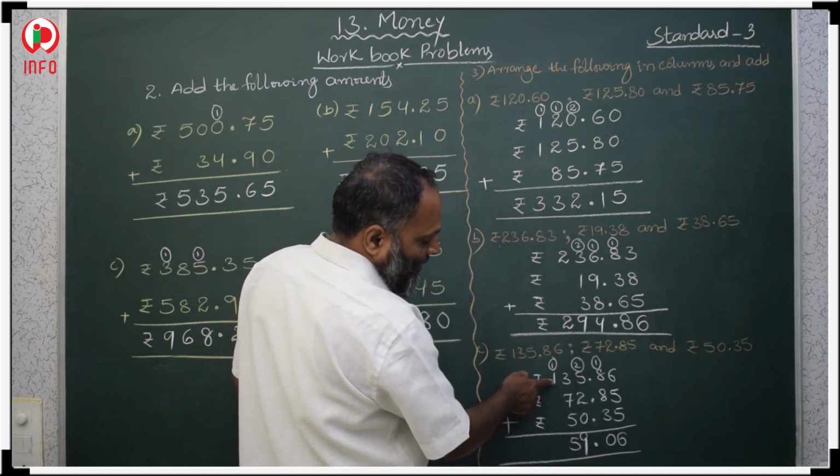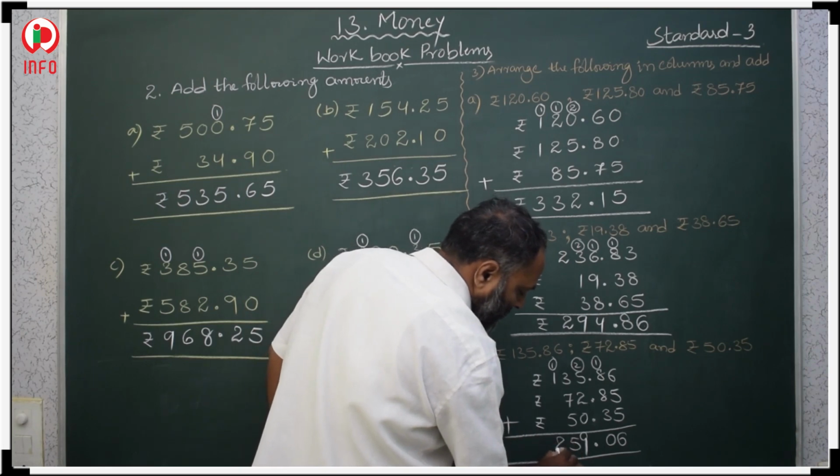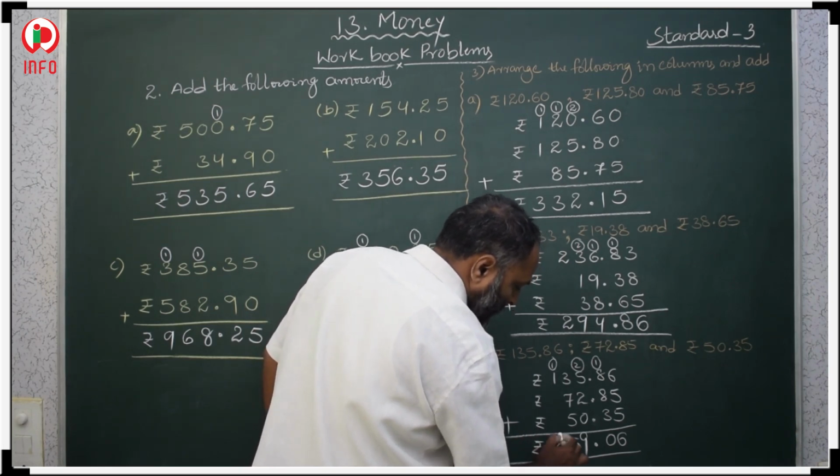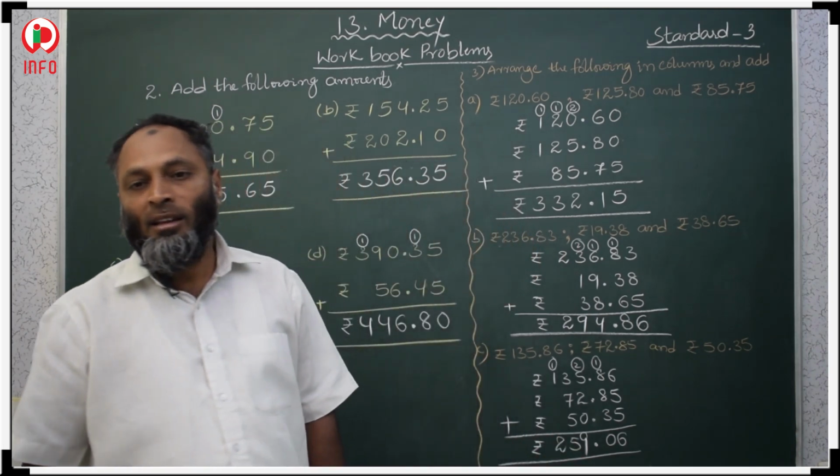In this column only 1 and 1 are there. 1 plus 1, 2. That you write here. 259 rupees 6 paisa. Okay.